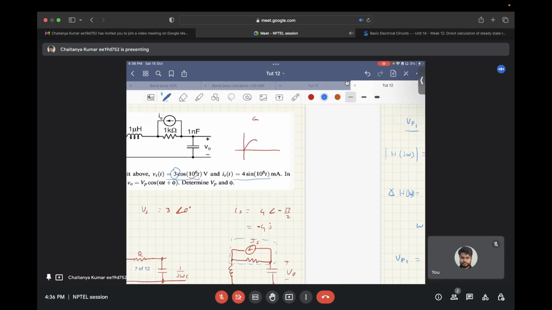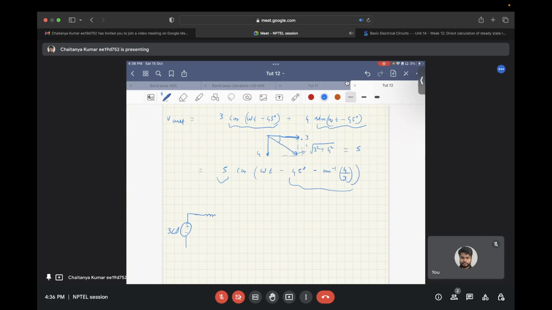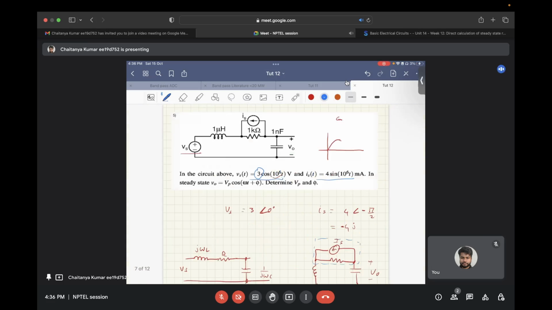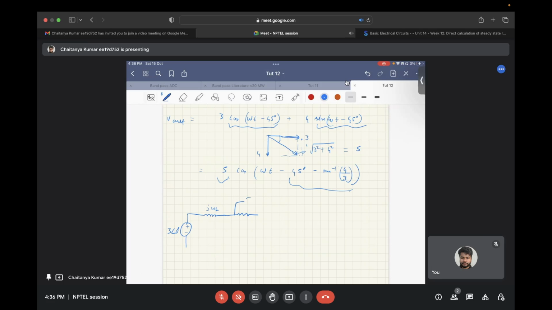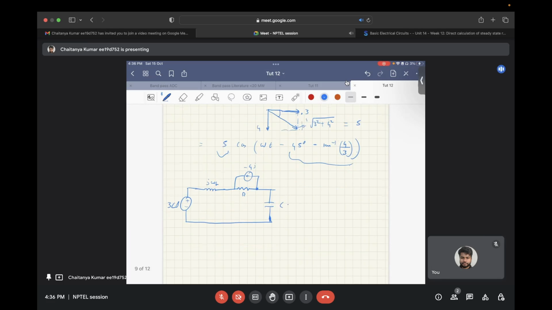Then this is j omega L, and over the resistor, since it's a negative phase shift of pi by 2, minus 4j. This is R, and here it is the capacitance, which is 1 upon j omega C. So you could have worked out the expression through this as well.